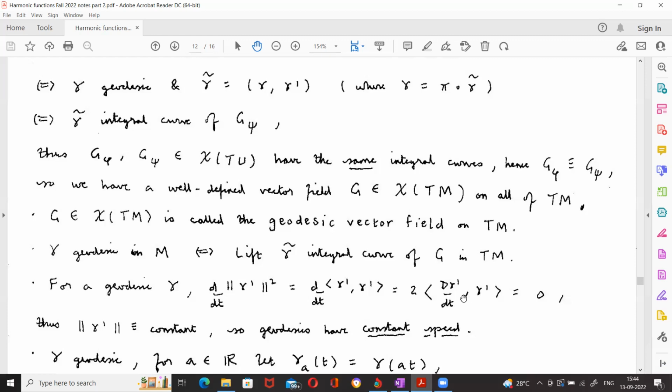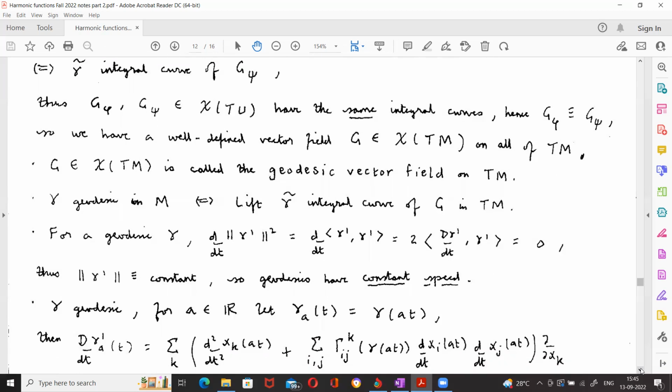But D gamma prime/dt is 0 because gamma is a geodesic. So this becomes 0. That means norm gamma prime is constant. So any geodesic automatically has constant speed.